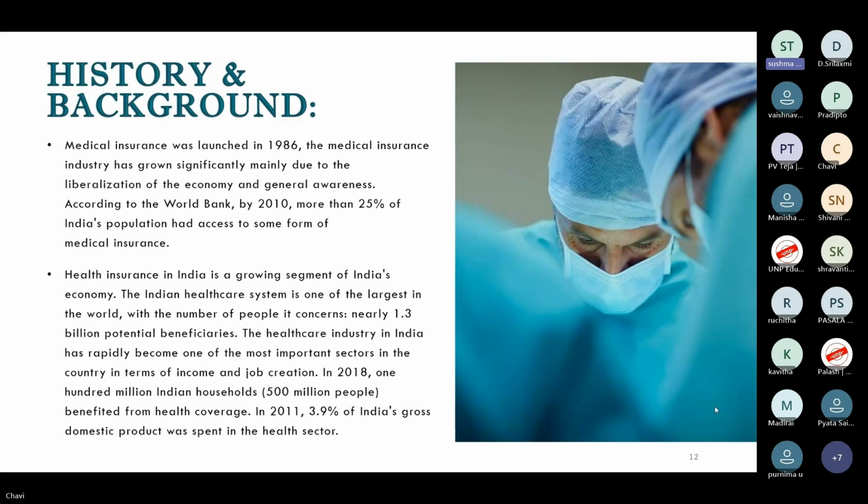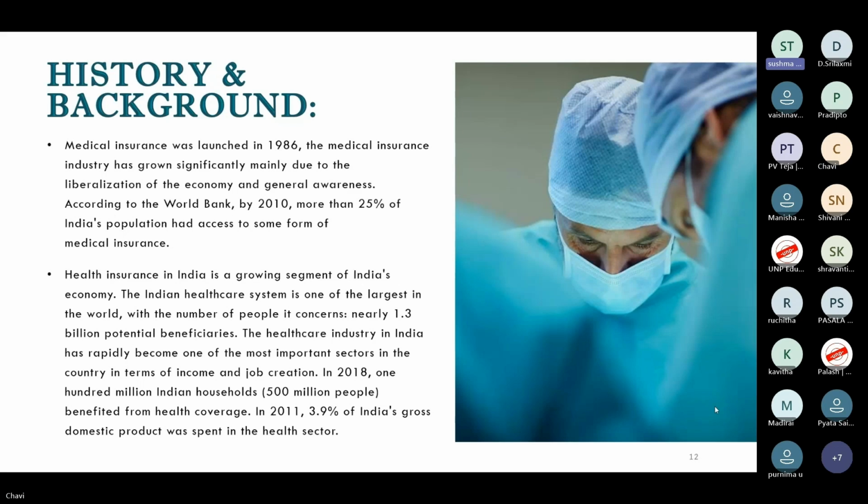Thank you, Supriya. I'm Sushma. I'm presenting history and background. Medical insurance was launched in 1986. The medical insurance industry has grown significantly mainly due to the liberalization of the economy and general awareness. Health insurance in India is a growing segment of the Indian economy.